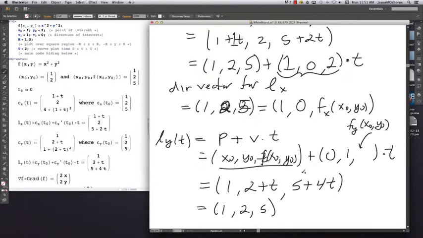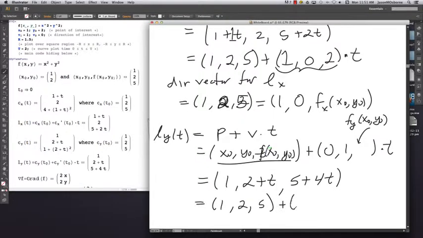Okay, so that's fine. Plus the direction vector for the line in the y direction. Here's your line in the y direction. It's of the form 0. There's no t here. The number in front of the t in the y entry is 1. The number in front of the t here is 4.